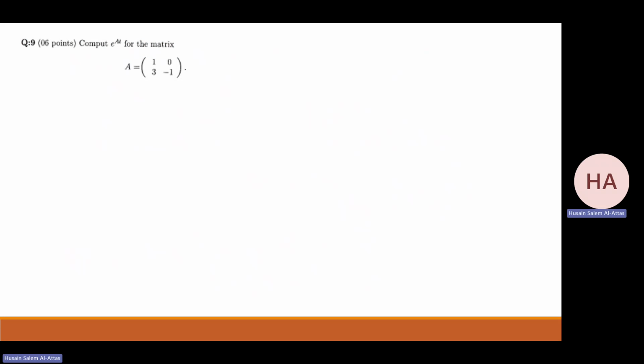This is not diagonal, and it's not nilpotent, so I need to find e to the power At.